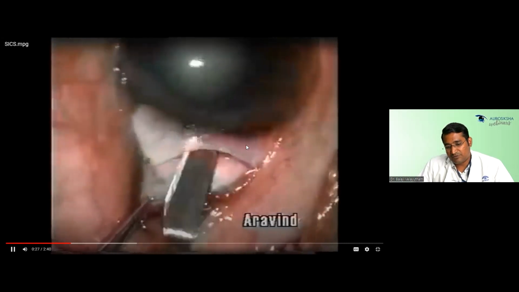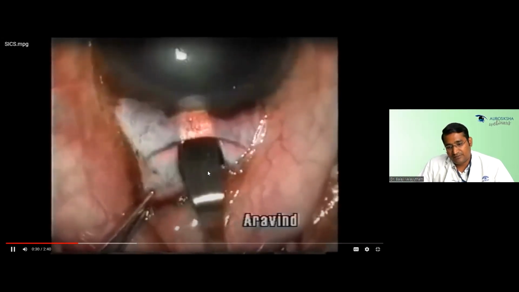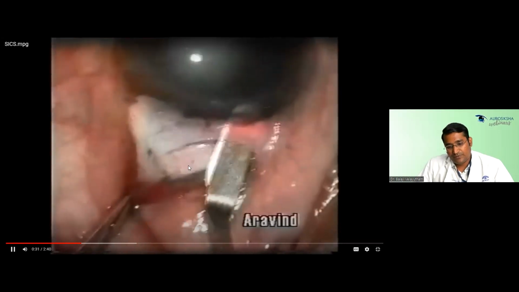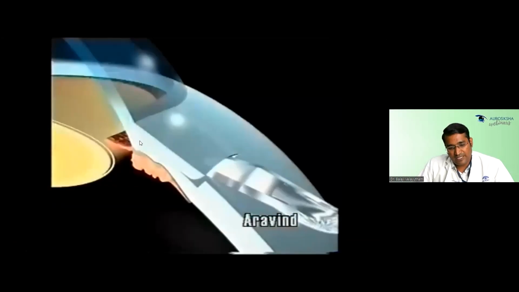The first incision is one plane. Now the tunnel is made with the crescent. So this is the first plane. This is the second plane.